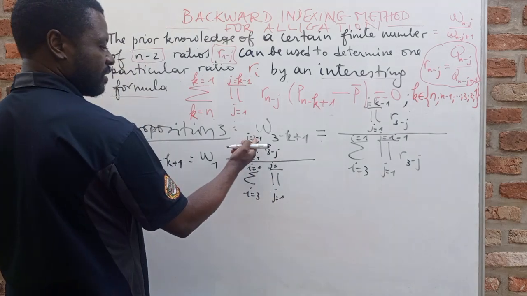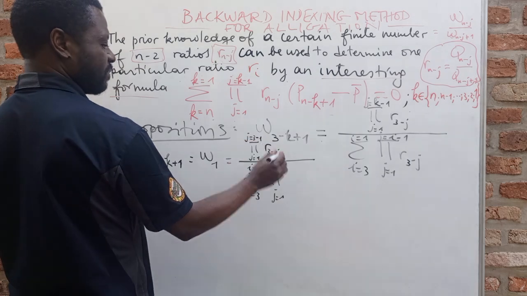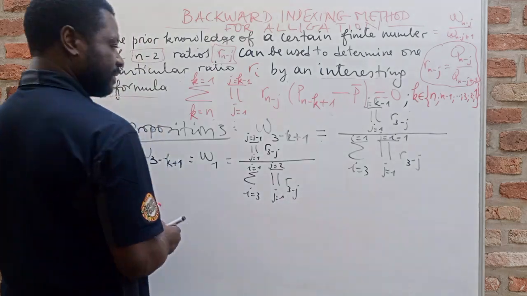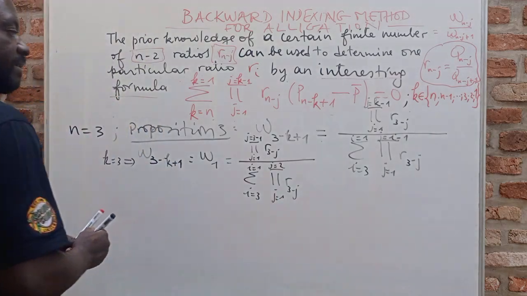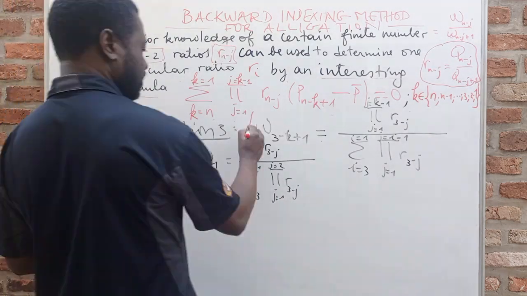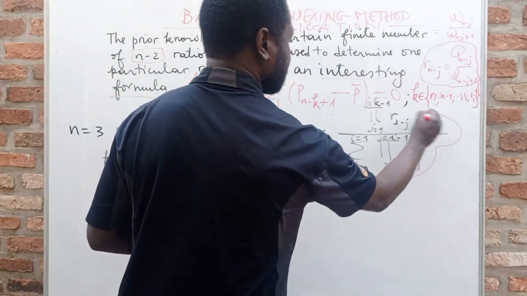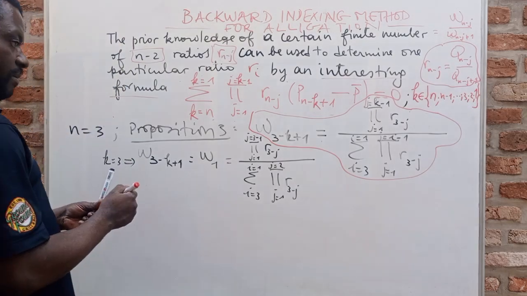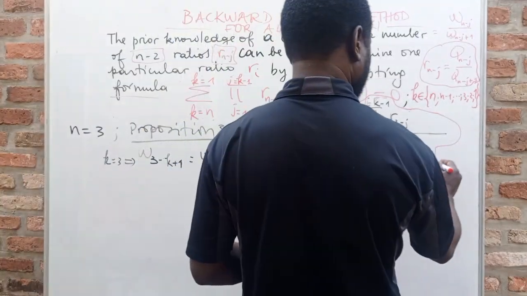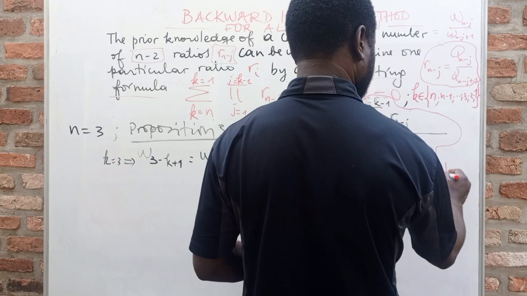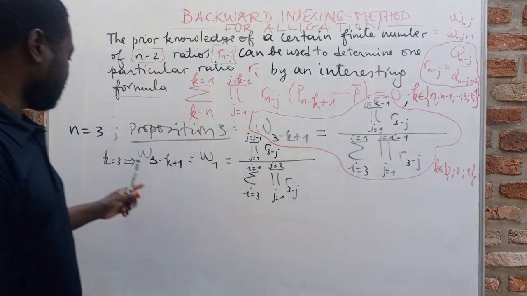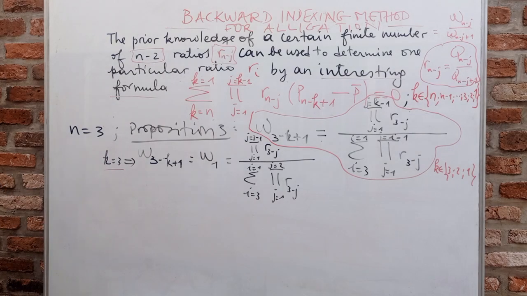Now I no longer need to write it again: 3 minus 1 is just 2, over r sub 3 minus j. I keep this as a general formula for the three weights, now with k extending from 3, then 2, then 1. So I have started with k equal to 3 as the first case.